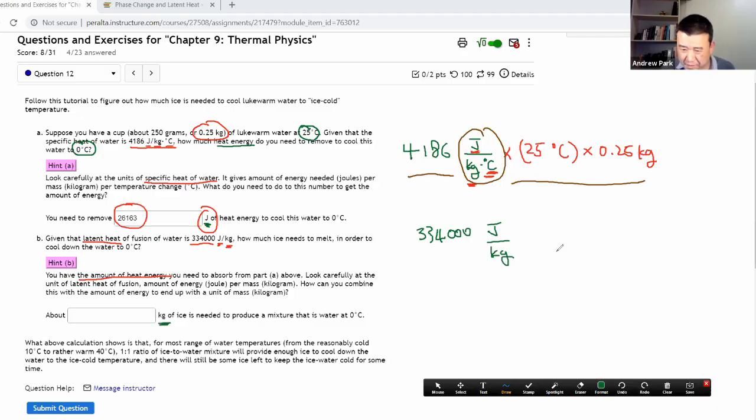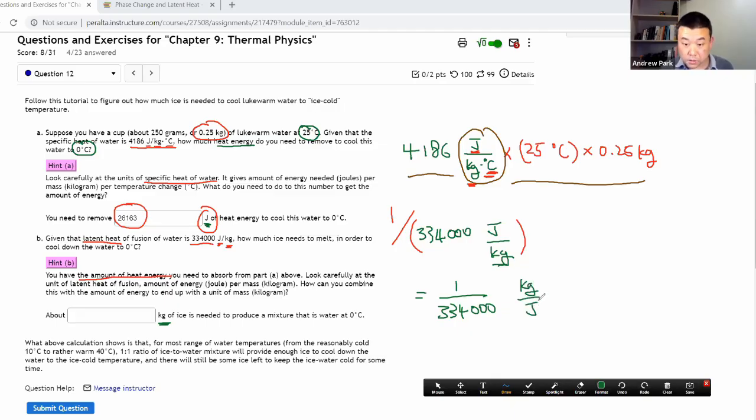Oh, so my kilogram is on the wrong side. I want that on the numerator, not the denominator. So what I can do is imagine taking the reciprocal of this, 1 divided by this whole thing. When you do that, you have 1 over 334,000, and the reciprocal of the unit is kilogram per joule.